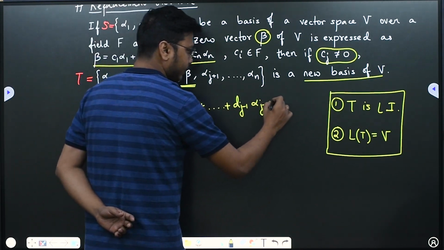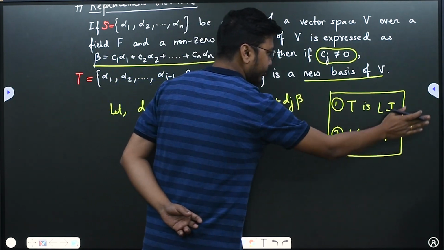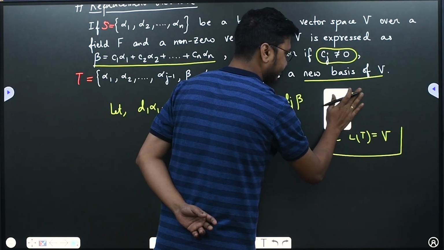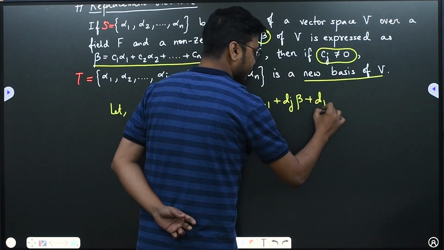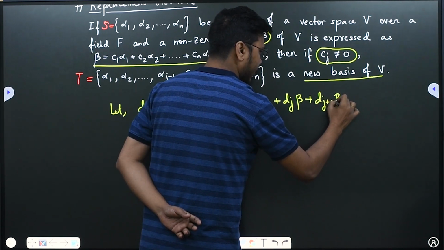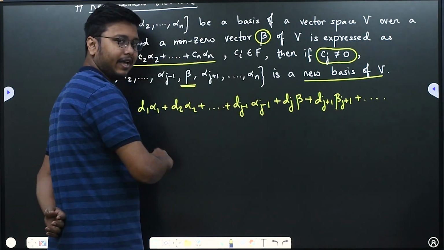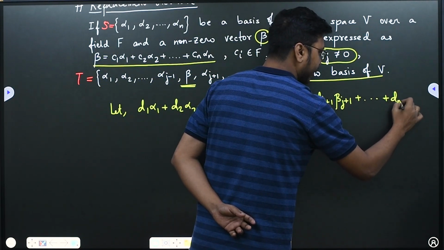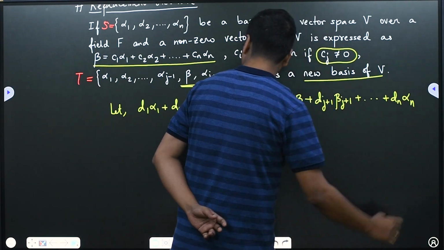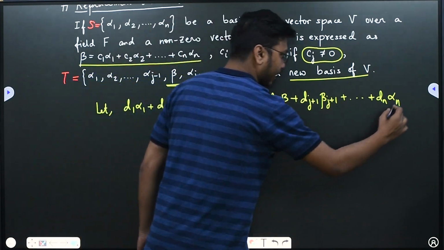Then I have the beta element, so Dj into beta. Then I have Dj plus 1 alpha j plus 1, and this is going to continue up till the alpha n element, so plus Dn alpha n. Let this be equal to theta.